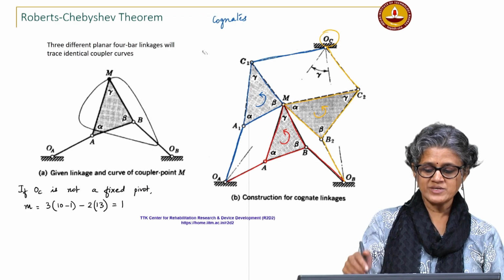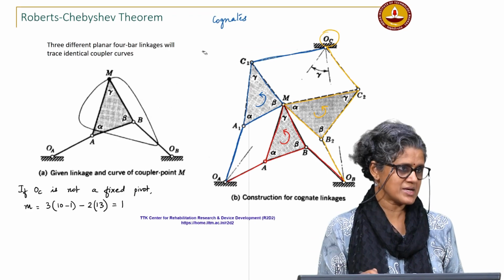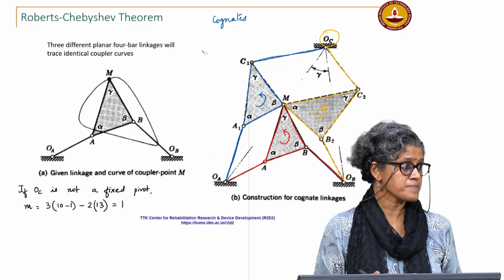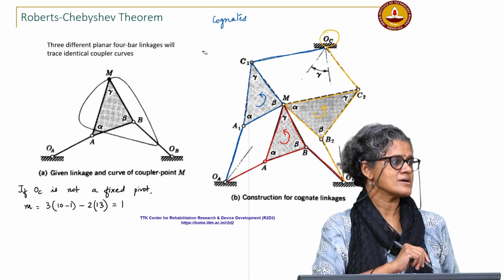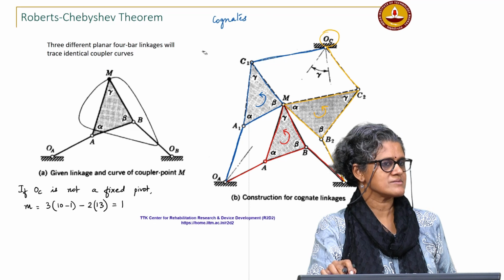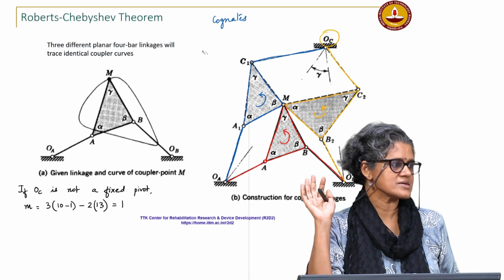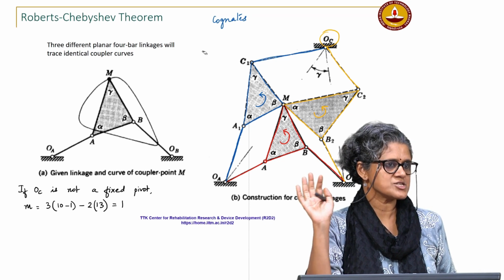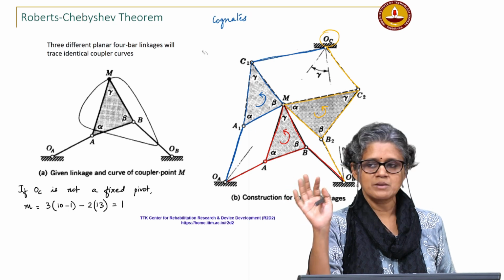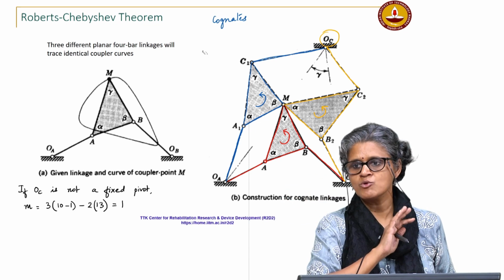What I am going to show is that for this specific geometry, that point OC, even if it is not fixed, will essentially remain stationary as the linkage moves. That point OC will not move.